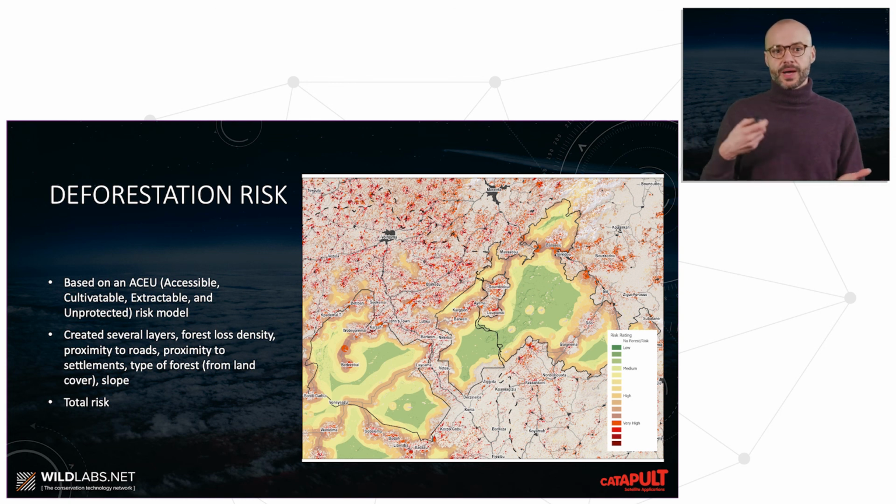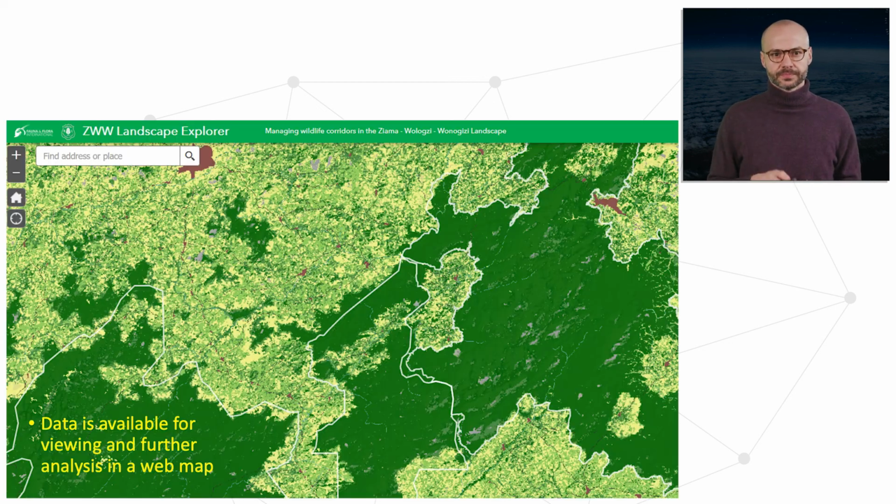Deforestation can actually be mapped, and we can create maps such as the risk of deforestation, such as in this specific example here, where we created a deforestation risk. You might recall in a previous video a flooding risk. So we can do a similar type of approach for deforestation by using Earth observation data.